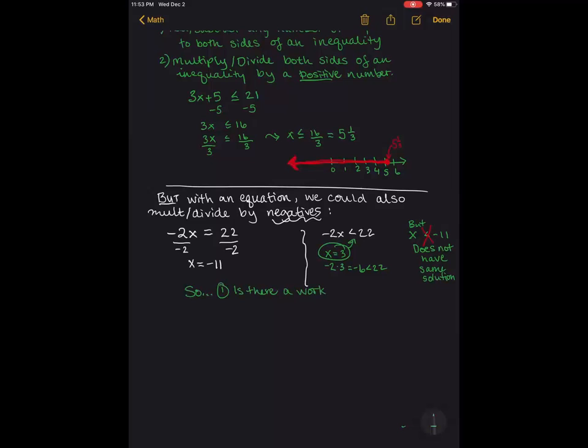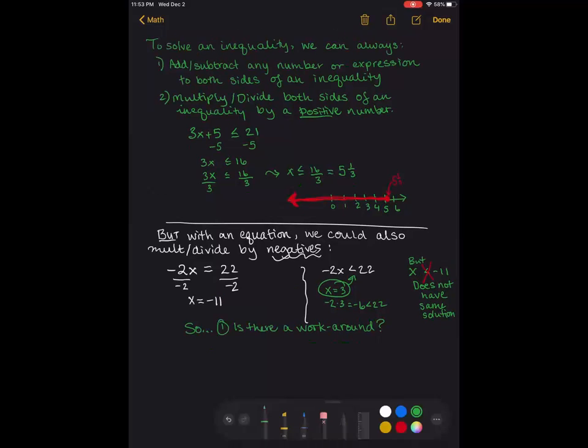And what I mean by that is there a strategy where I only use the properties that I do have? So can I just use my two properties of inequality, the ones up at the top of the screen that I'm underlining in red? And then the second question, which is also equally important, is, does this teach me a property I can use as a shortcut whenever I multiply or divide by negative numbers?